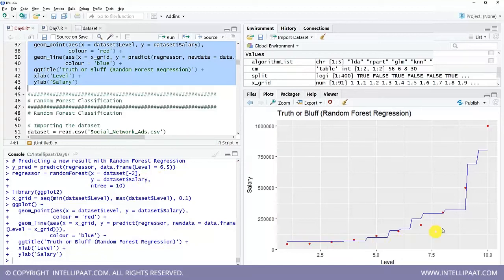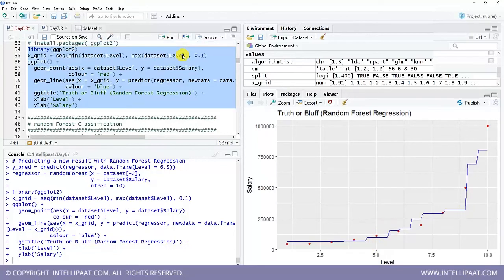Now the steps that we see here, as against our decision tree, are definitely more in number, but we do have these lines which resemble a linear regression.